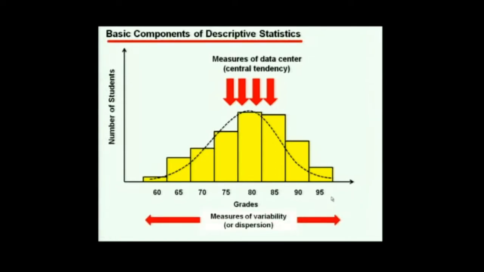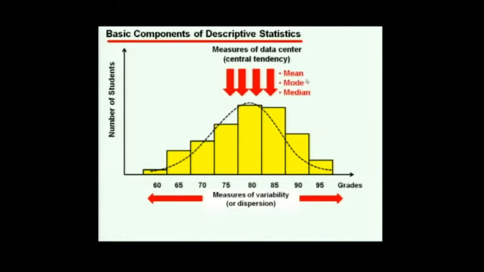And these are called measures of variability or measures of dispersion. The most common measures of central tendency used are the mean, the mode, and the median, while the most common measures of variability used are the range, standard deviation, and variance.